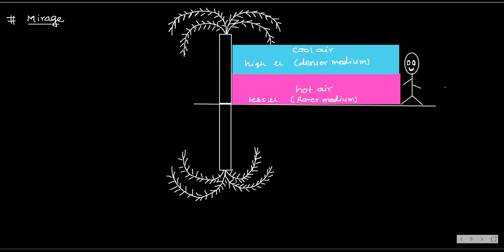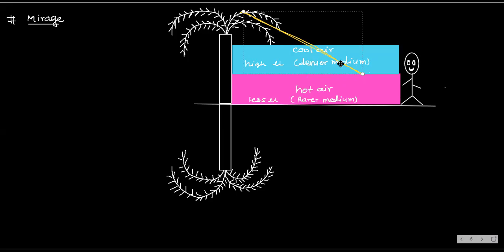Now when light enters, suppose from the top of the tree, light is going to enter somewhat like this. Okay, I will take a straight line. Now can you see, light is entering from the rarer to the denser medium. Assume above also there is a denser medium, right?